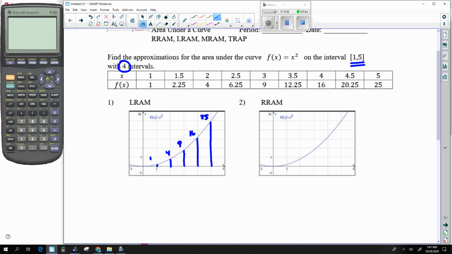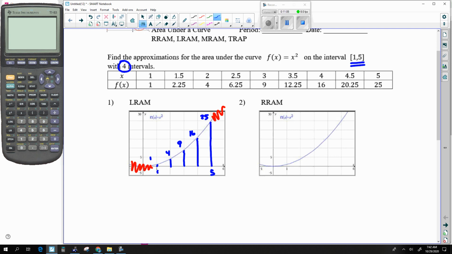Okay, from 1 to 5. I don't really care what's going on outside of that. I'm only looking from 1 to 5, broken up into 4 subintervals.